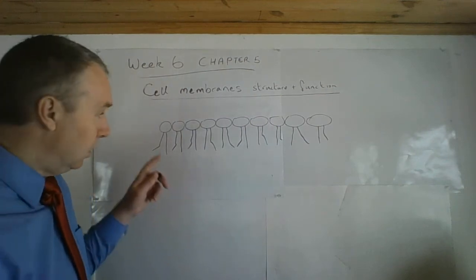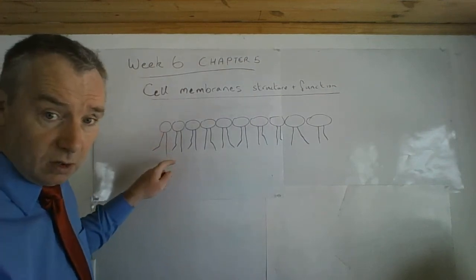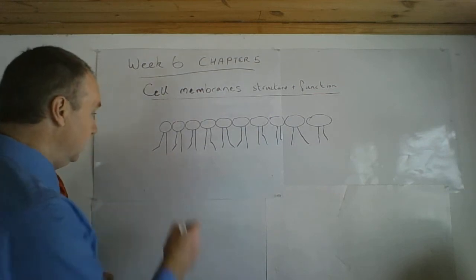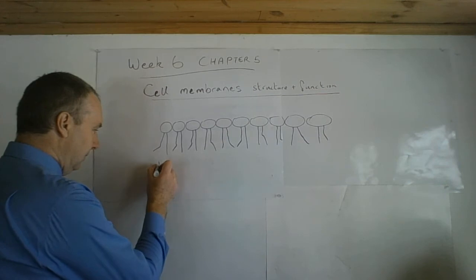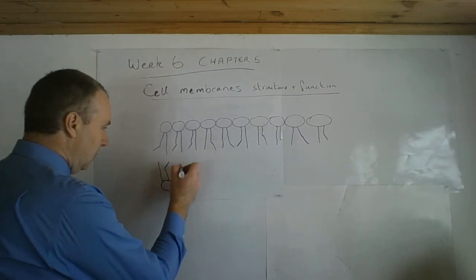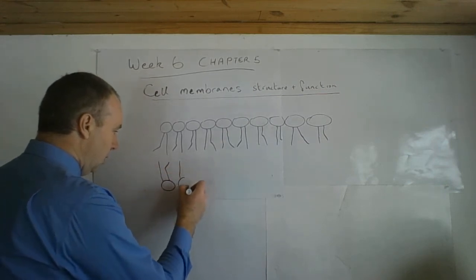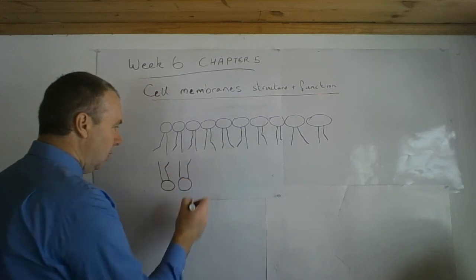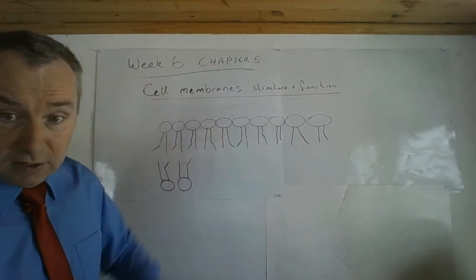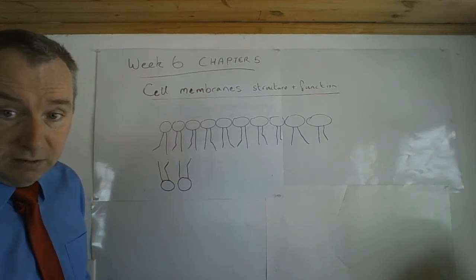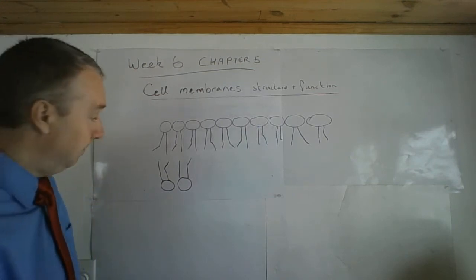So you might think we're going to see the heads of the next layer come in right there. You don't, because the next layer, you're going to first see the lipids of the next layer. And because this area here does not contain water, that is where all the hydrophobic parts of the phospholipid will be.